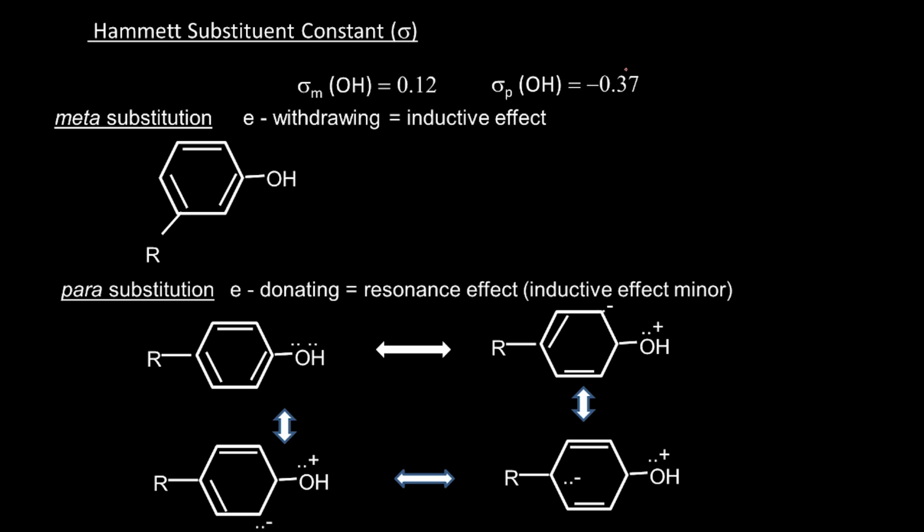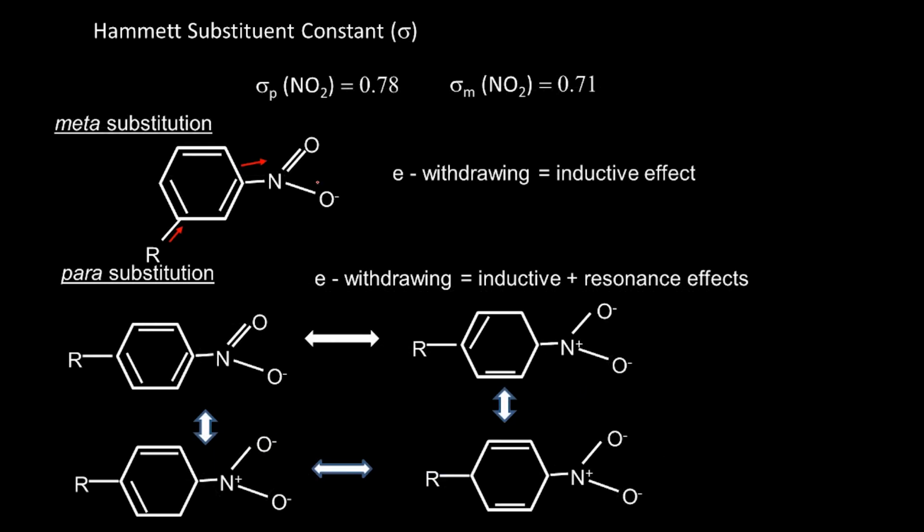So it's minus 0.37. What does that mean? In the para substitution, the neutral form is more stable than the anion form. In the meta substitution, the neutral form is less stable than the anion form. Whereas in nitro, meta and para are almost the same.